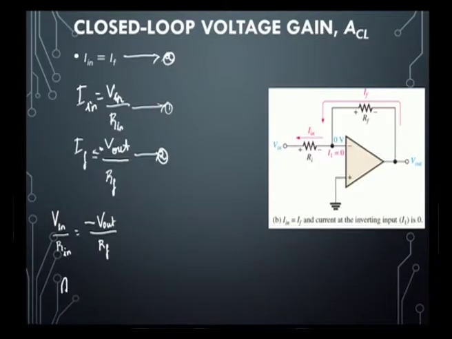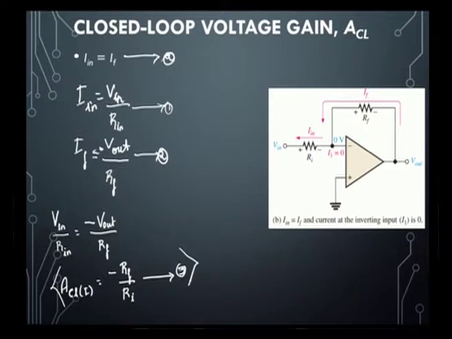So, the closed loop inverting amplifier gain ACL will be minus RF divided by RI. This is the equation we got for the closed loop gain of an inverting amplifier.